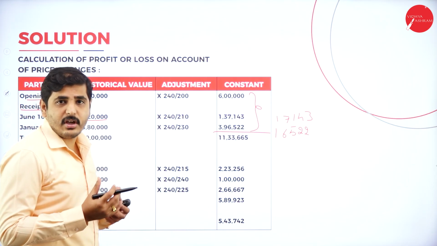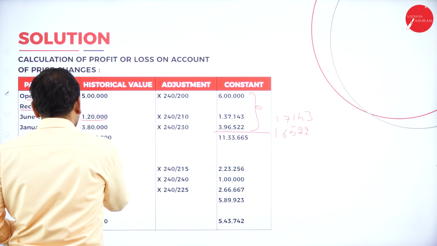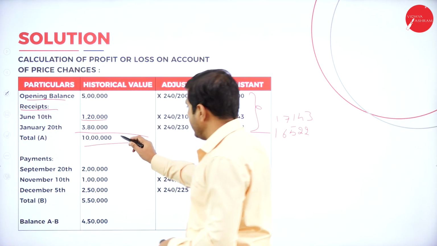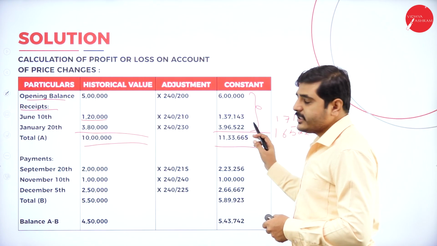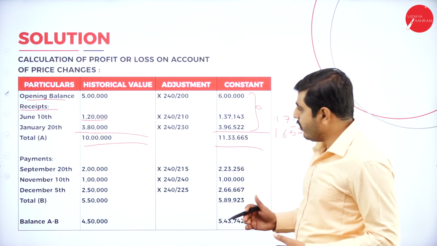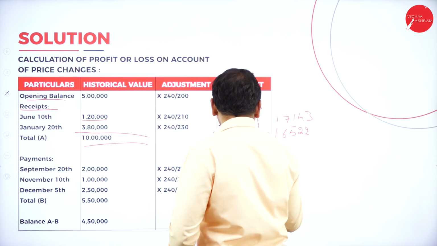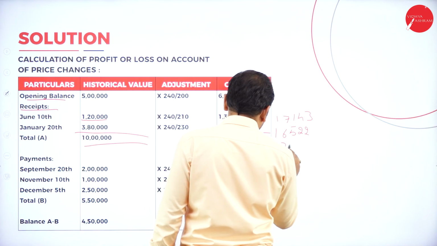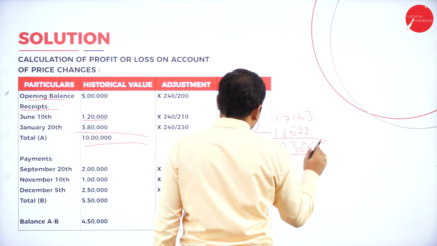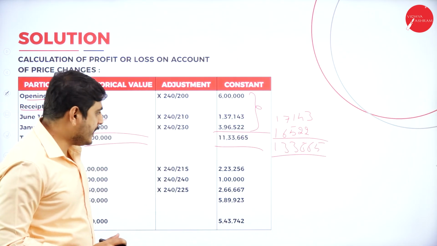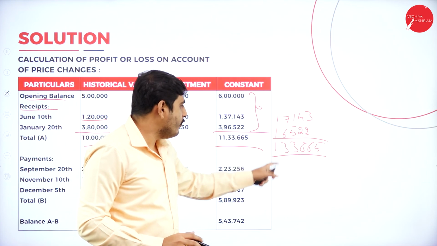If you add all these amounts, you will get 11,33,665 because of income. So on that day it was 10 lakh rupees, equal to today's 11,33,665. So the value of 10 lakh rupees is decreased to the extent of 1,33,665.